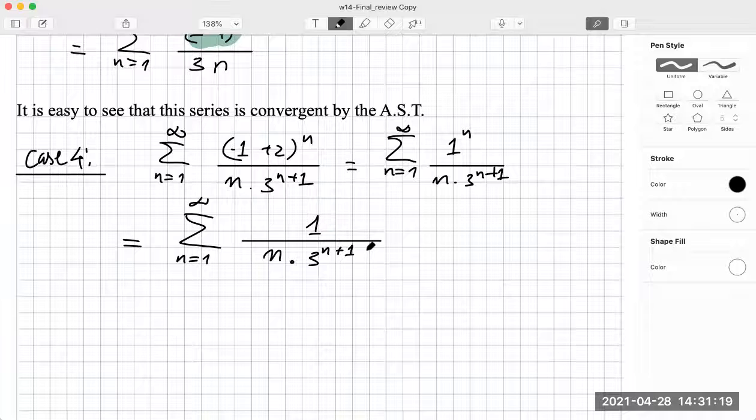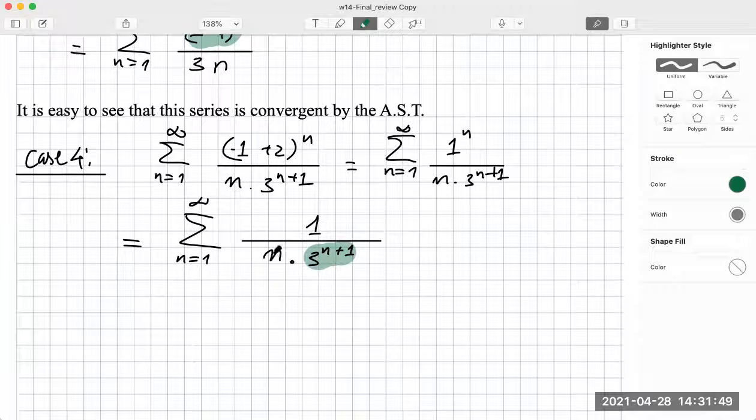Okay, what can we say about this series? We see that in the denominator we have this term, and then we can divide it by n, right?